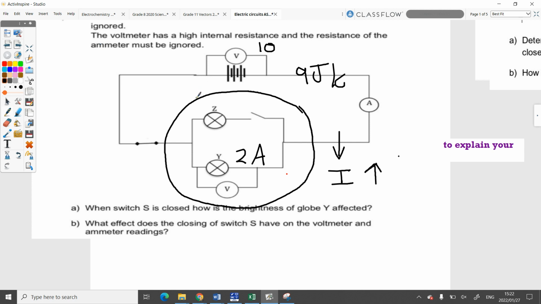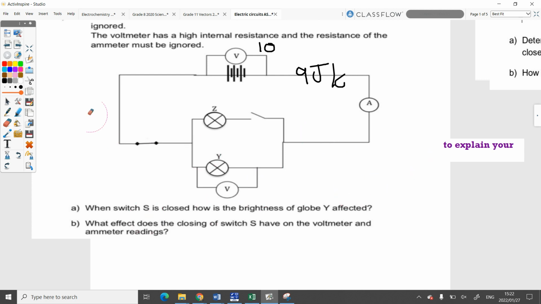But in this one, the voltage does change. And remember, you're going to get a question like this, guys. I've done so many of these. If you think about it now, the current is going up, right? So that means I times little r, what happens to it? Little r is constant. It increases.